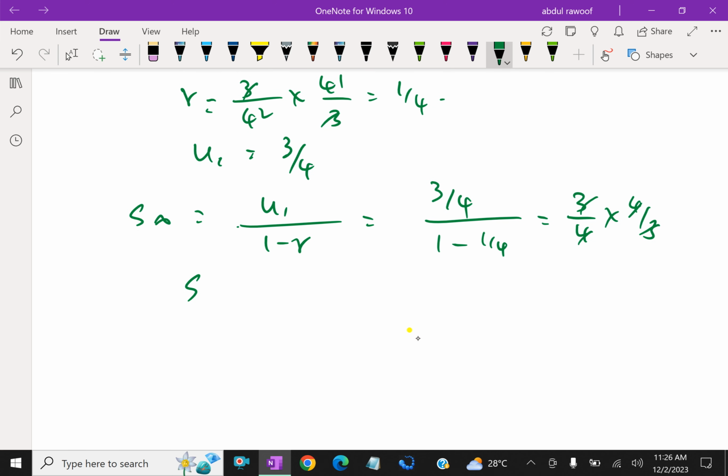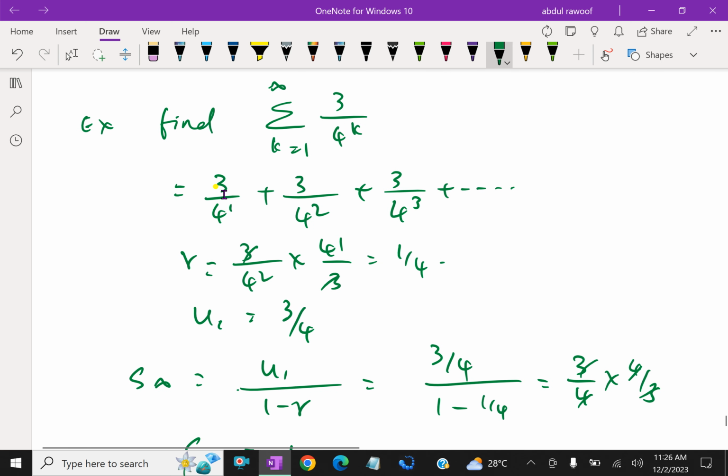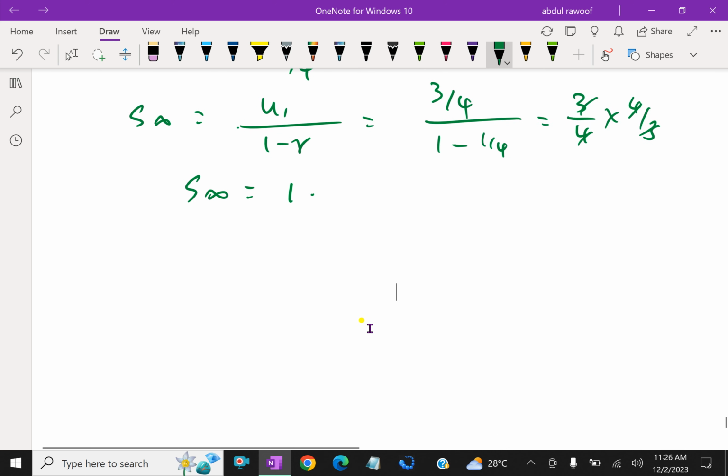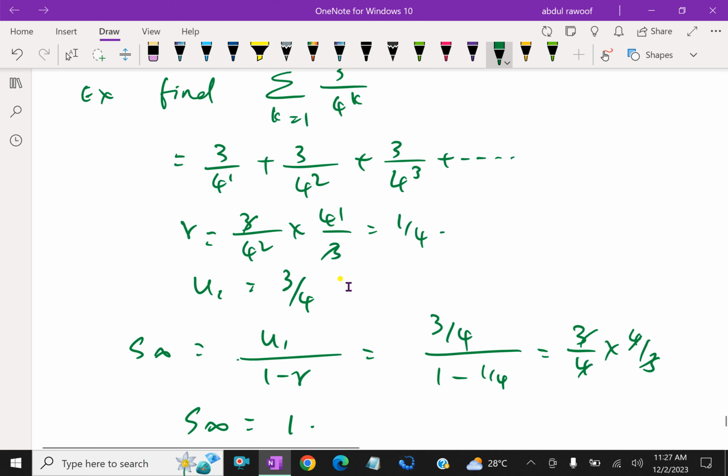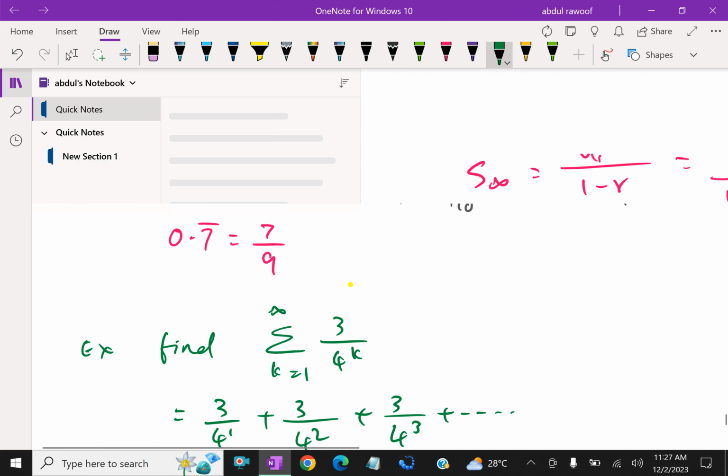Therefore the sum of infinity terms is equal to 1. That means if you add up these numbers up to infinity terms, the sum of all the terms is 1. So far we discussed infinite geometric series.